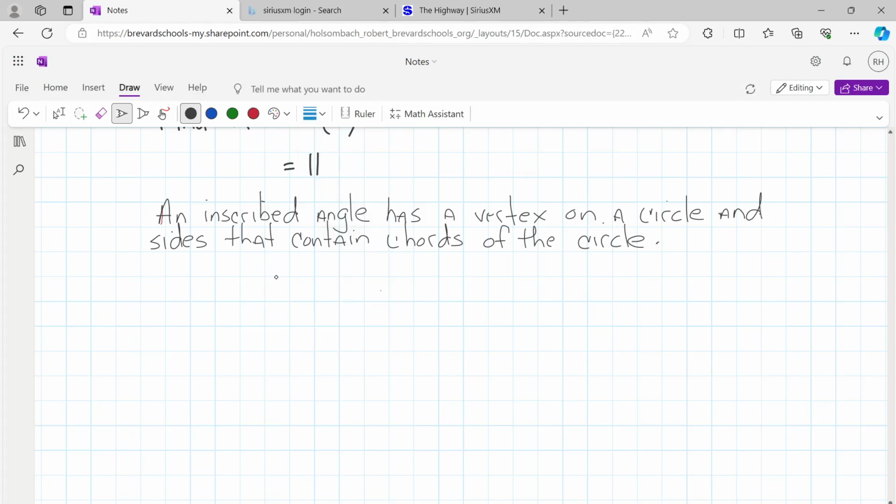All right, so in a circle here, we put the center in here, center C. If I put a point anywhere on this circle, point A, and just draw or create an angle, this angle A is an inscribed angle.